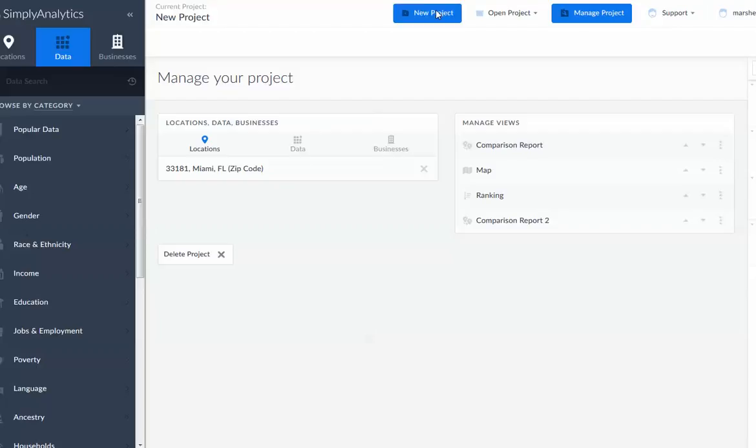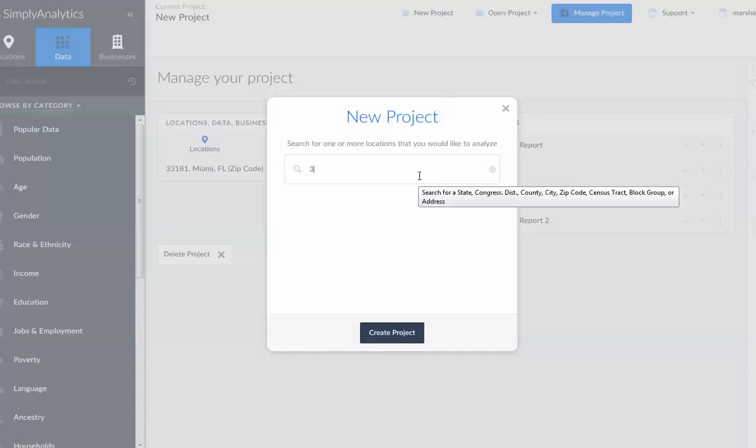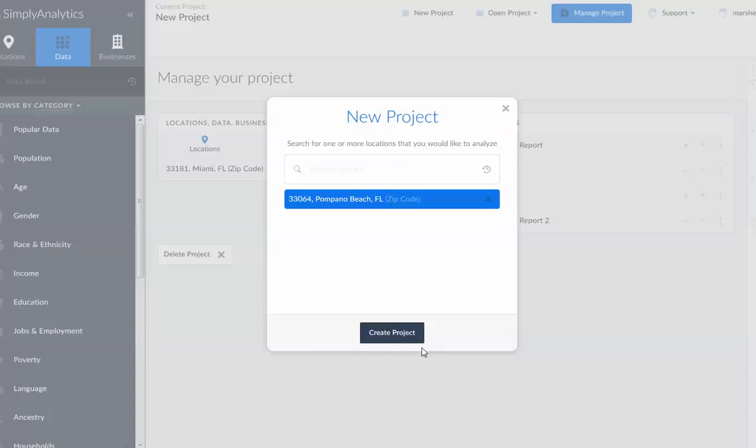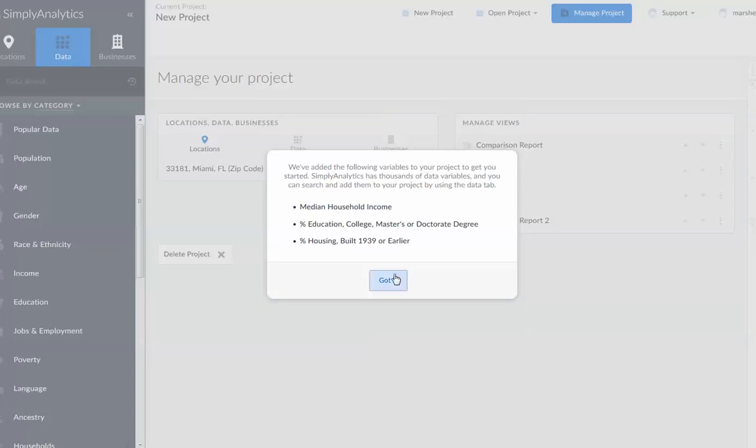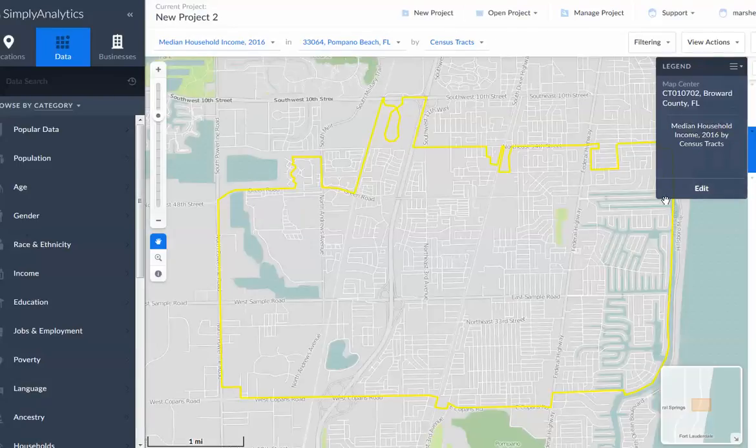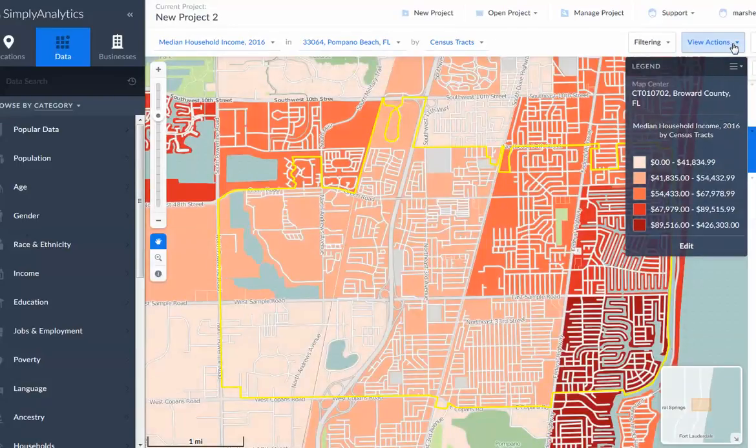So I'm going to start a new project, and this new project is for my zip code where I live. And the variables they add automatically are household income, education, and housing, which may or may not be what I want. But what I will tell you is what I don't want is the map view.